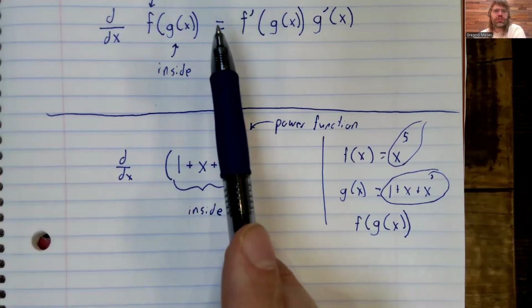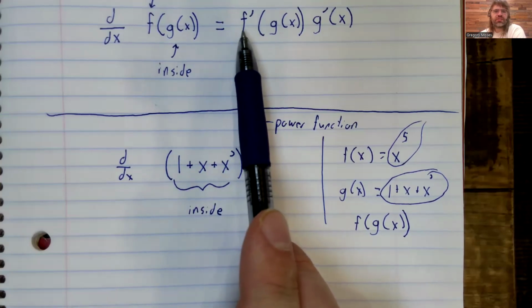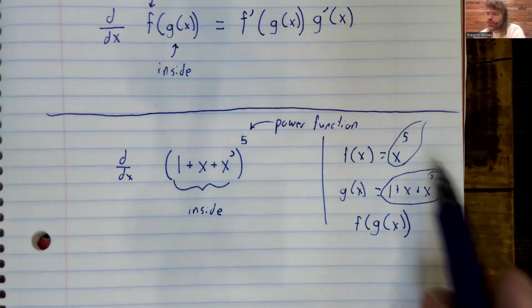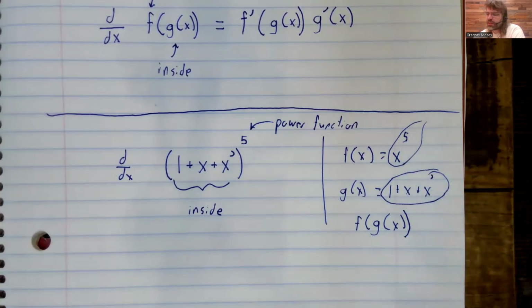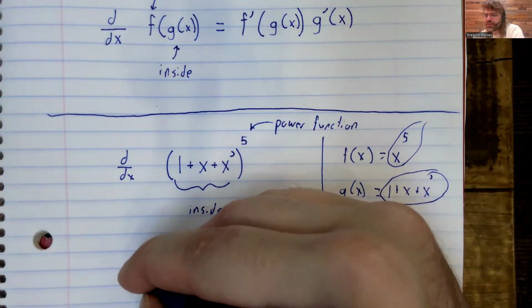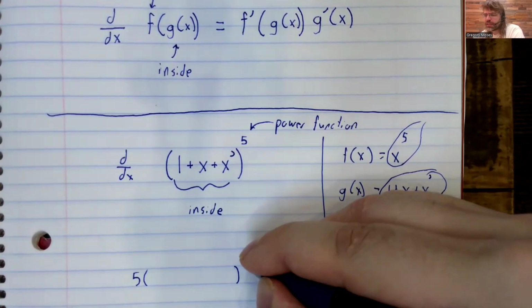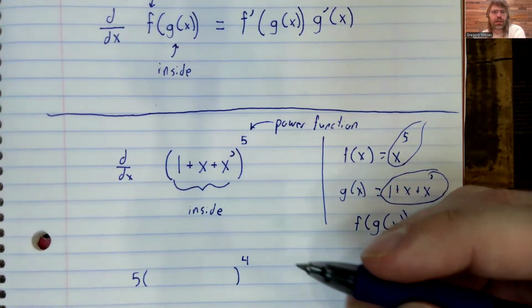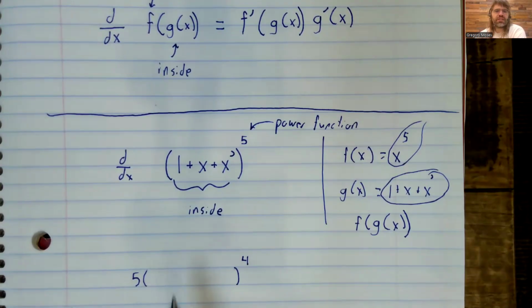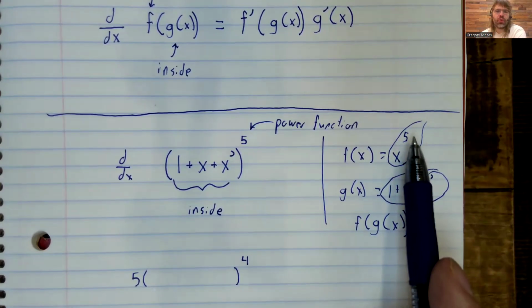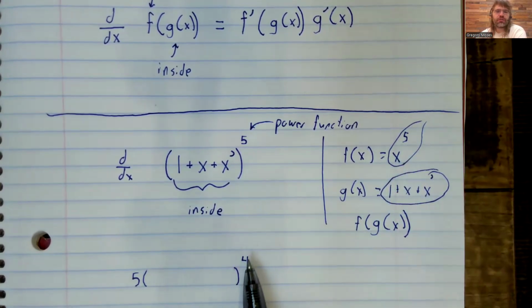So what's the chain rule say to do? It says to take the derivative of the outside function. Well, the outside function is the fifth power. To take its derivative, the 5 comes down and it gets reduced by 1. And you'll notice that I didn't write the derivative of f of x. I didn't write 5x to the fourth. I wrote the 5 and I wrote the 4, and then I left myself some room.